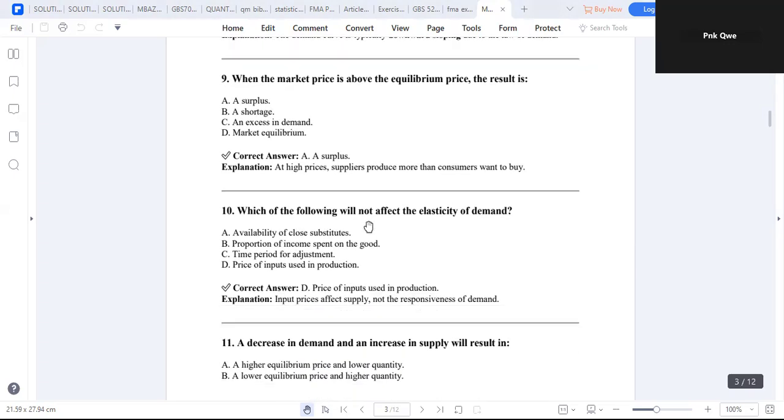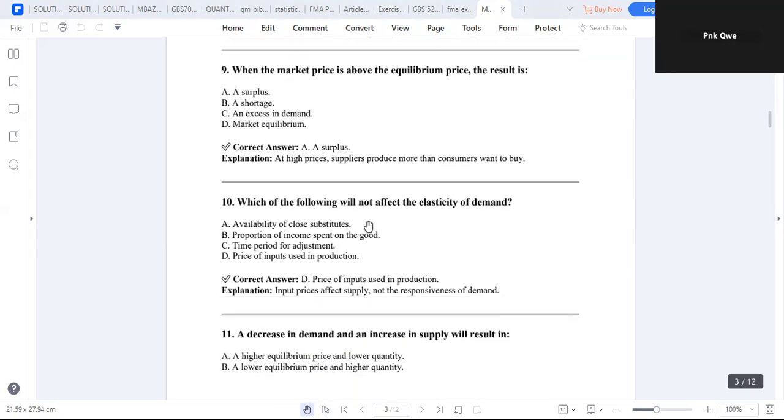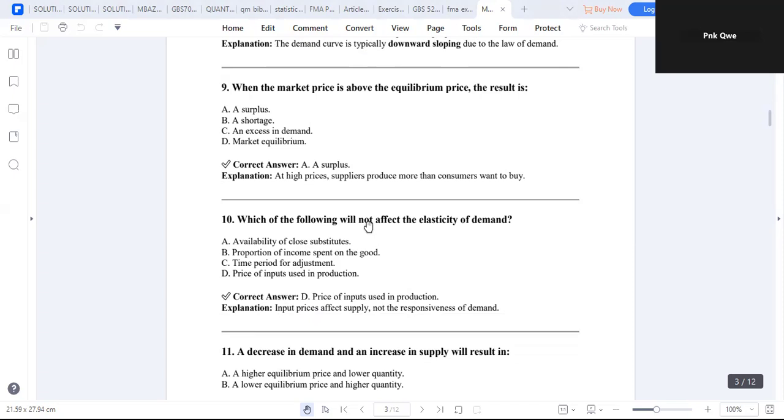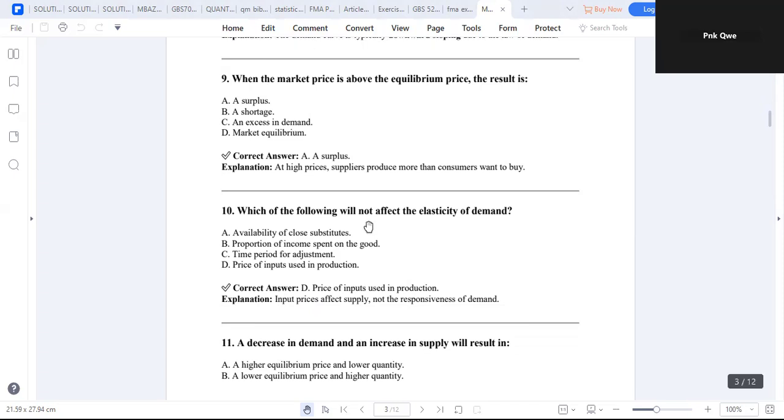Which of the following will not affect elasticity of demand? The principle here is that when you're dealing with elasticity of demand, what happens? What are the determinants of elasticity of demand? Can somebody remind me?